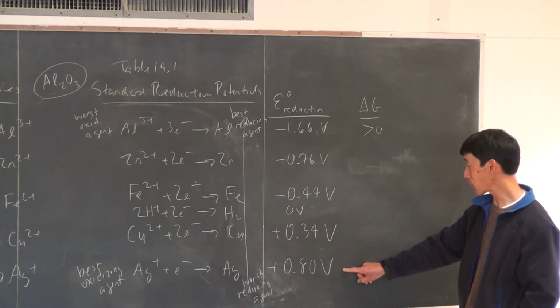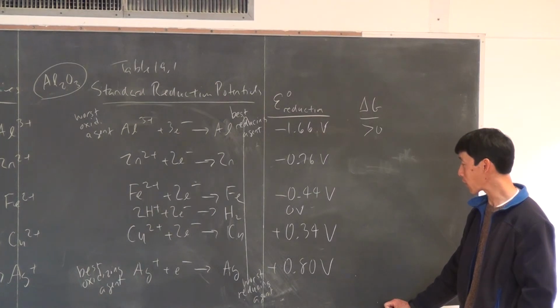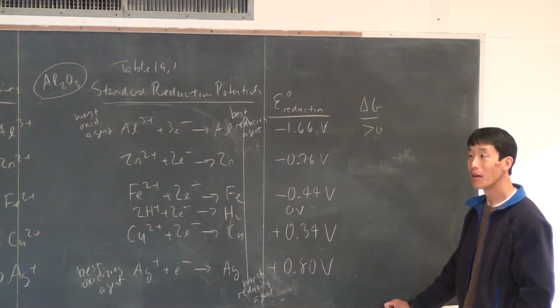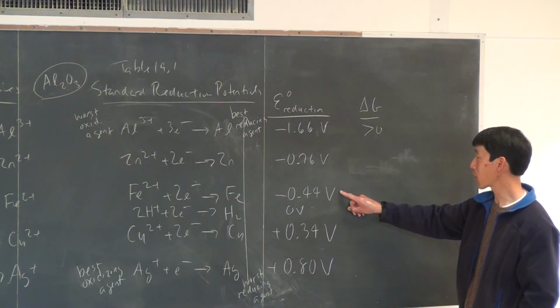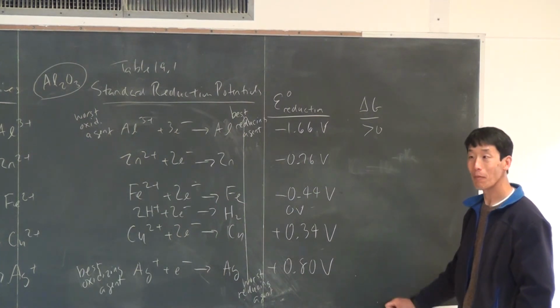Copper and silver, so let's see, that difference is 0.46, or between zinc and iron, which is 0.32.